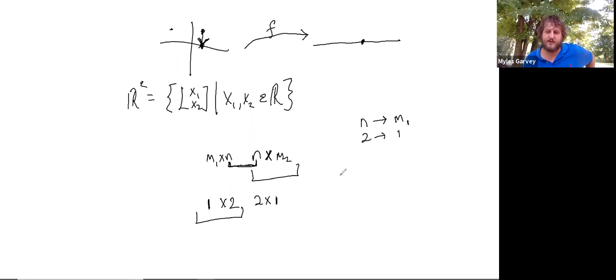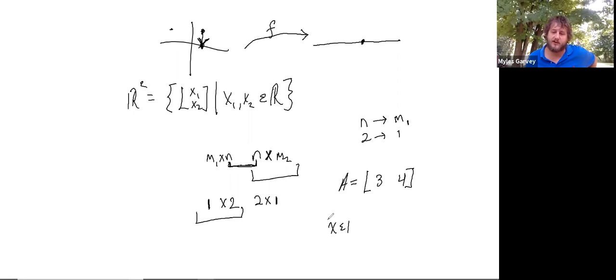So suppose then that I define this matrix A as, let's say, 3, 4. Then if I take any vector x in R2, which I'm writing in bold to emphasize it's a vector, this is equal to x1, x2, right? Then when I multiply that by A, what I'm going to get is a number.